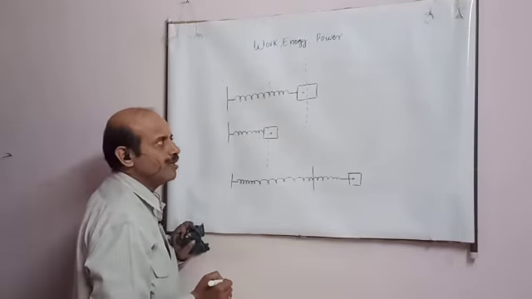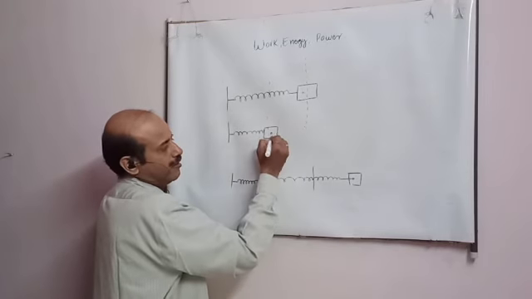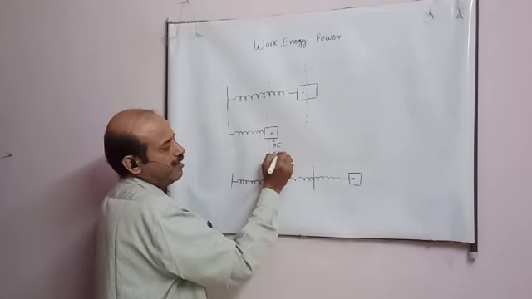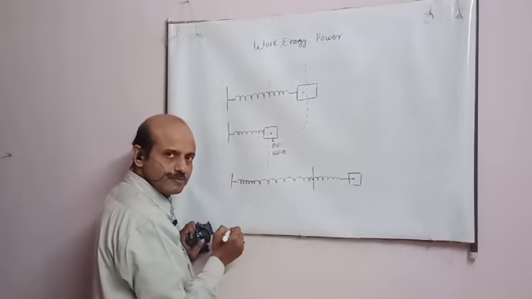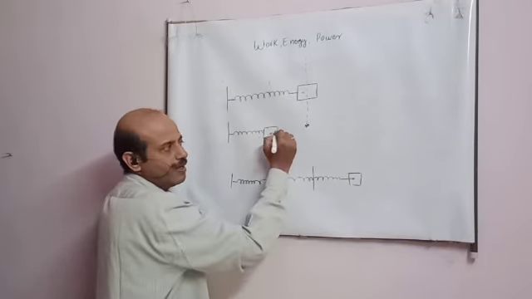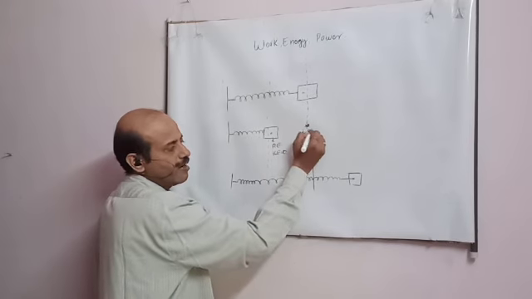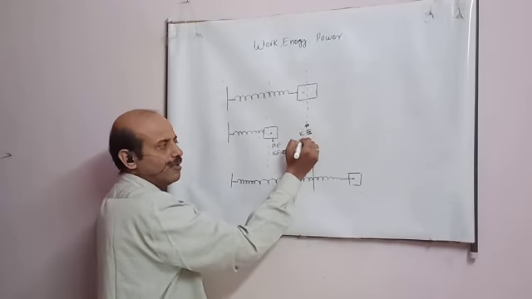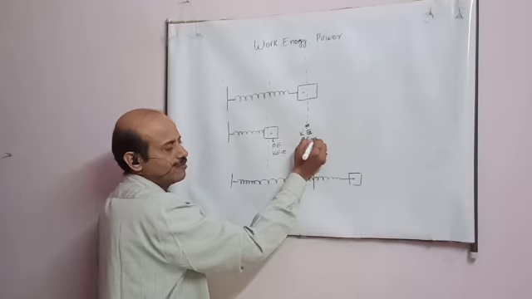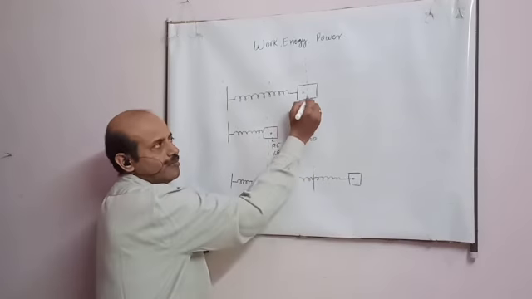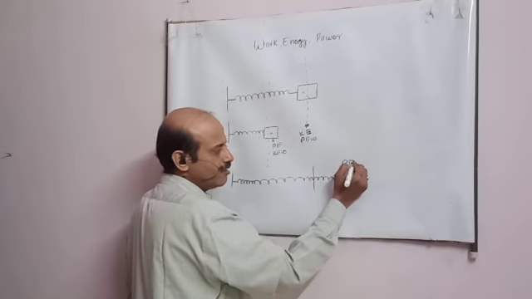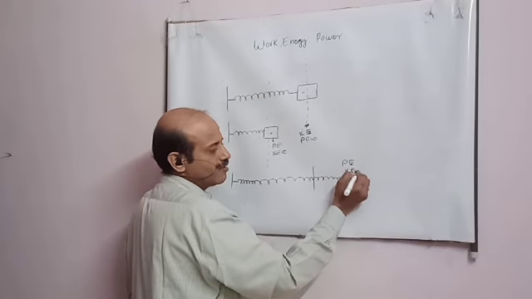So if you see here, student, it possesses potential energy. Kinetic energy is 0. At this point, when it overshoots, it has maximum kinetic energy, student, and potential energy is 0. Now it comes back here, student. Again it has maximum potential energy and kinetic energy is 0.